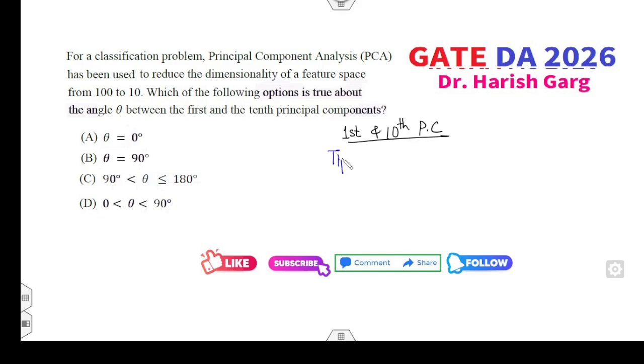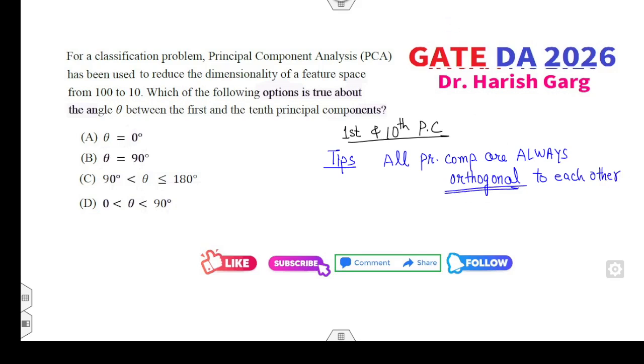Always remember students, all the principal components are always orthogonal to each other. So once they are orthogonal, can you find the angle between the principal components?